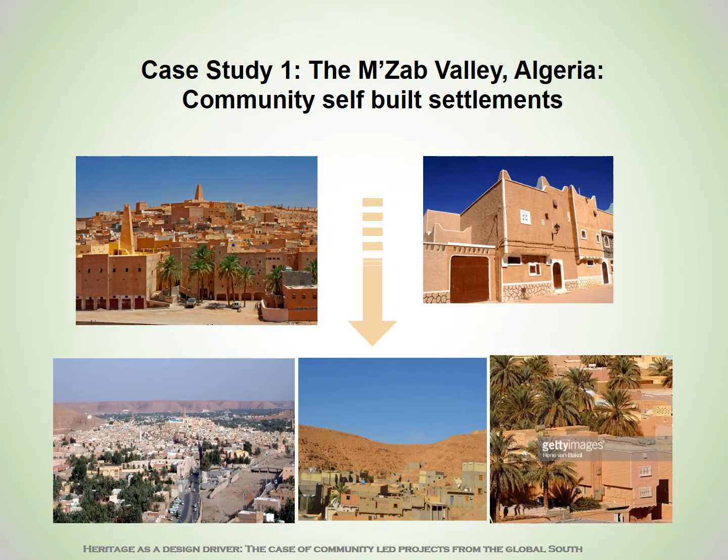Historically, Bougdah is a typical Mozabite city, compact and organized around the mosque located on the highest point of the site, as seen in the picture top left. Its buildings are made out of local materials and have small openings to deal with the harsh climate, as seen in the top right image.